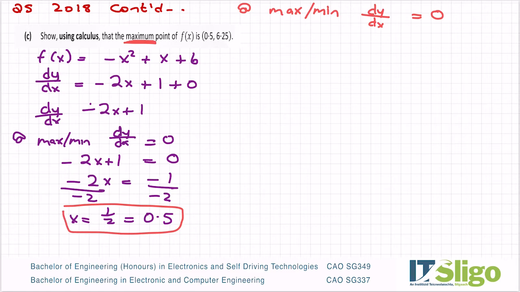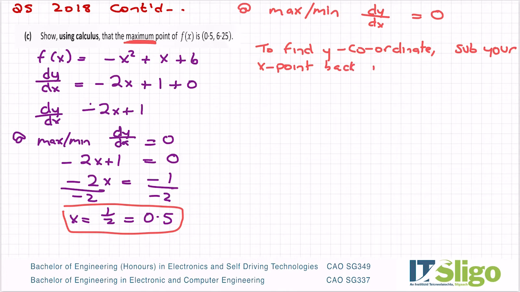Now how do I find my y coordinate? Okay, so to find the y coordinate, you sub your x point back into f of x. Remember, I always said f of x is the same as y, okay? So that's how you find your y coordinate.